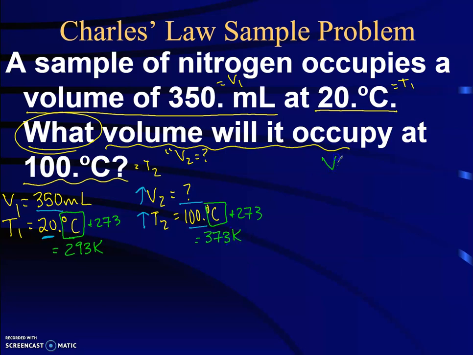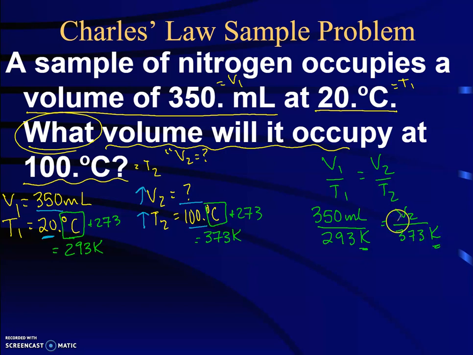All right, so let's plug that in. V1 over T1 equals V2 over T2. Kind of fun to say. All right, so plugging that in, we get 350 milliliters over 293 Kelvin. Make sure that you're using the Kelvin one. V2 is unknown, and T2 is 373 Kelvin.